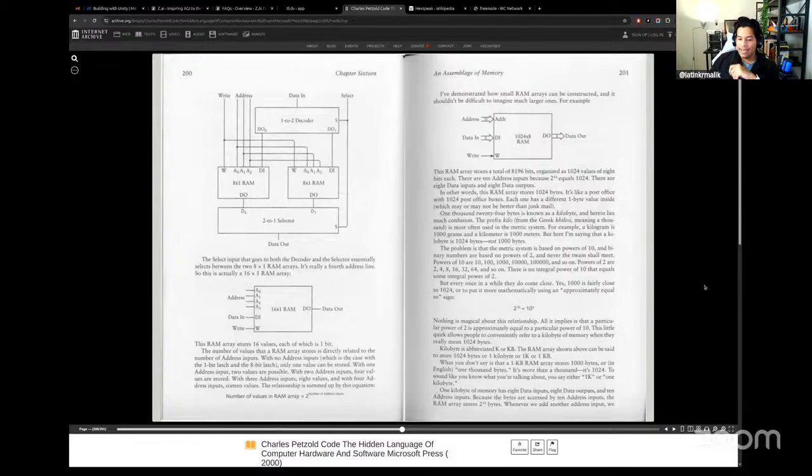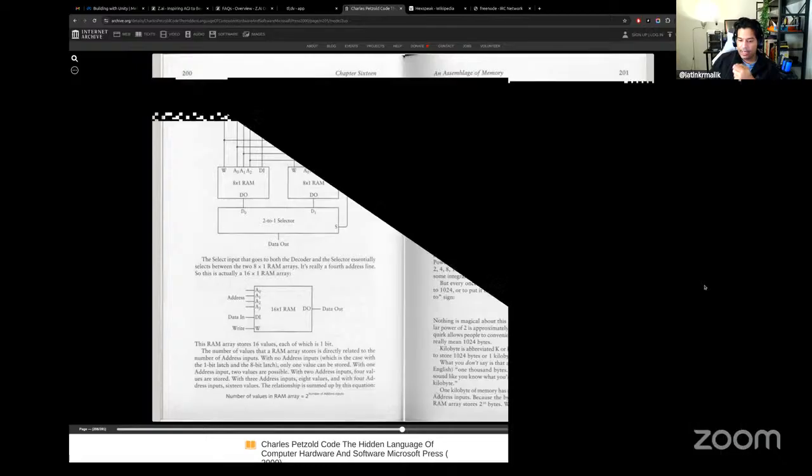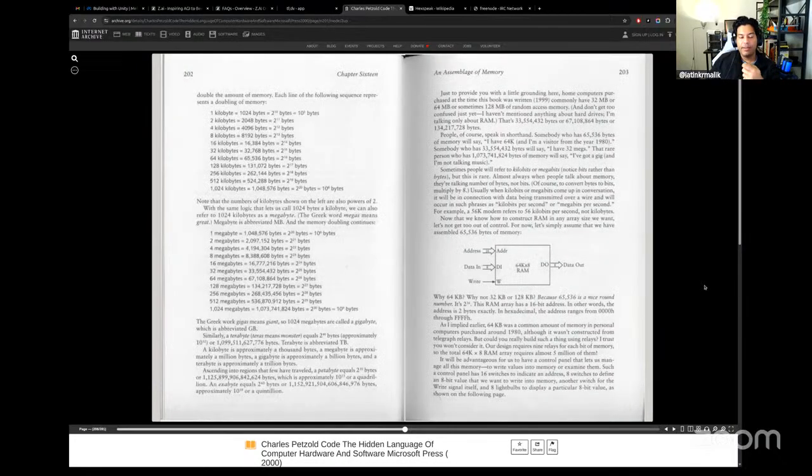1 kilobyte of memory has 8 data inputs and 8 data outputs and 10 address inputs. Because the bytes are accessible by 10 address inputs, the RAM array stores 2 raised to the power 10 bytes. Whenever we add an address input, we double the amount of memory.